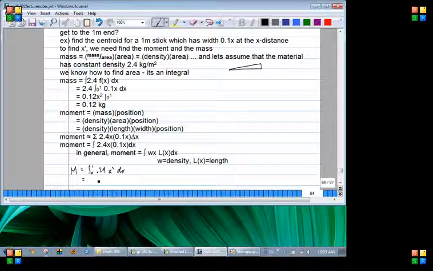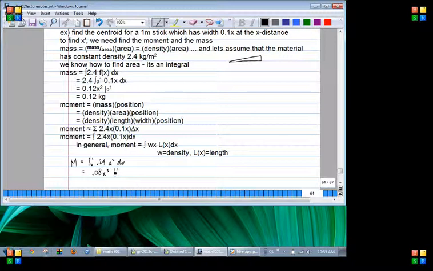You do the integral, and you get 0.24 x cubed over 3, so that's 0.08 x cubed, going from 0 to 1. So plug in 1, plug in 0, you're just going to get 0.08 as the result. So that's the moment.